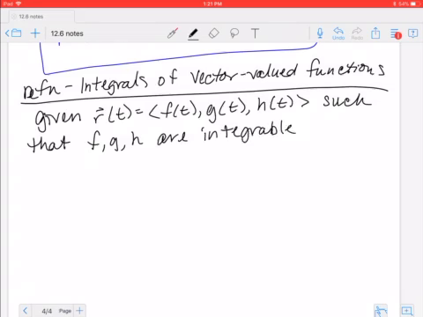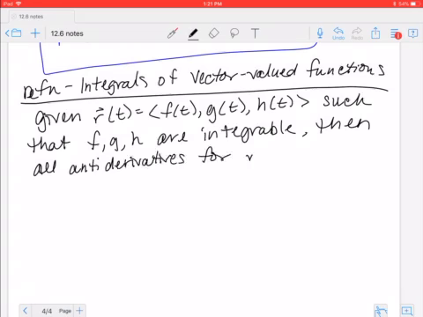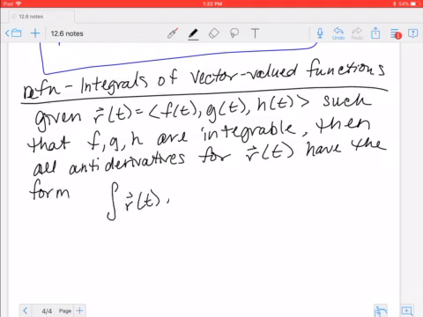Then all antiderivatives for my vector have the form integral of r of t dt, because remember t is my value that I'm looking at.